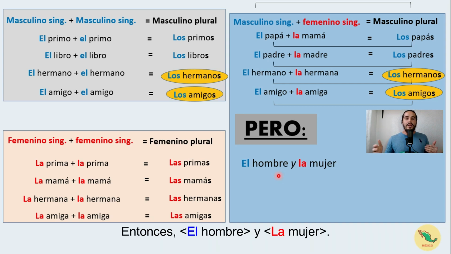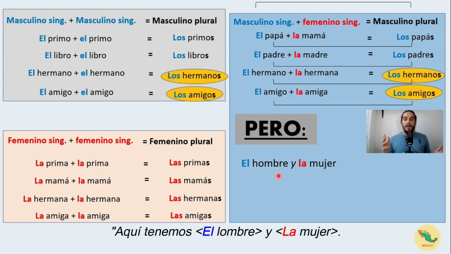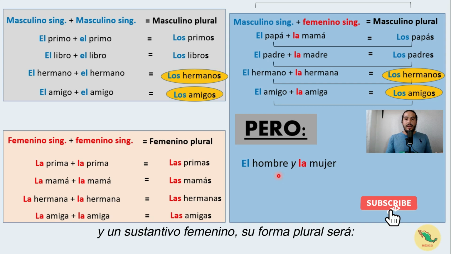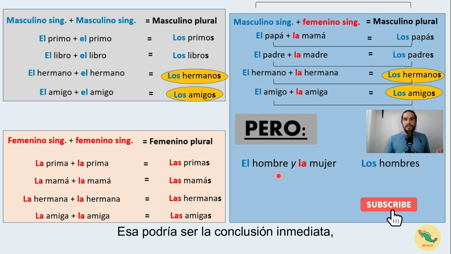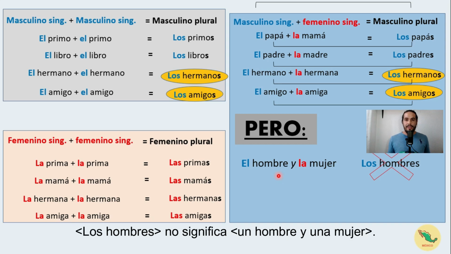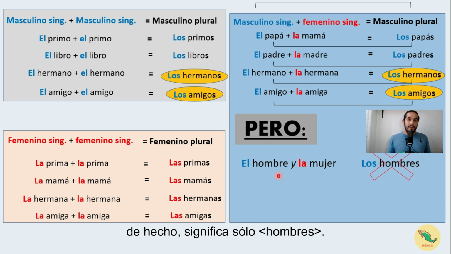So, you may think, here you have a masculine noun and a feminine noun, so its plural form is going to be los hombres. That might be the immediate conclusion. But in this case, no, it is incorrect. Los hombres does not mean a man and a woman. Los hombres, in fact, means only men.